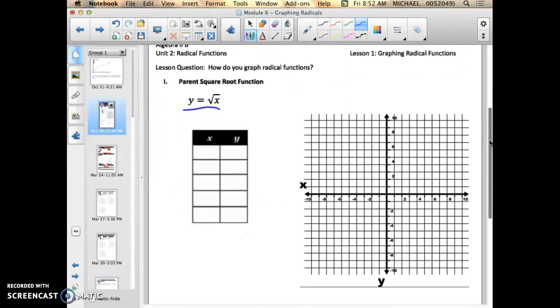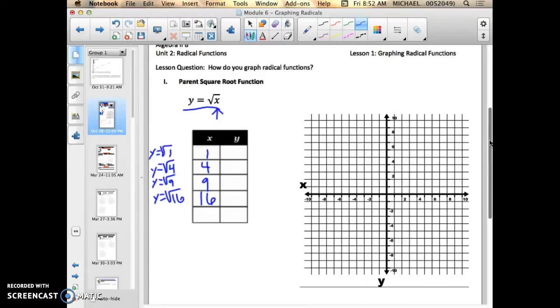The first parent function that I care about, and again, this objective is to graph the parent functions, is y equals the square root of x. I'm going to use my perfect squares as the inputs, and again, inputs are the x values. So I'm going to write 1, 4, 9, and 16. All right? If I input these x values into my function, I will get y equals the square root of 1, y equals the square root of 4, y equals the square root of 9, and y equals the square root of 16.